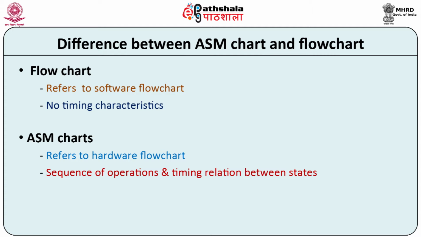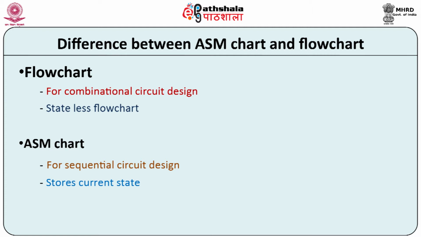Software flow charts do not specify the timing characteristics, whereas an ASM chart specifies the sequence of operations as well as the time relationship between the states. ASM chart is mostly for hardware rather than software and focuses on the state of the state machine and transitions between the states. A flowchart is used for combinational circuits.